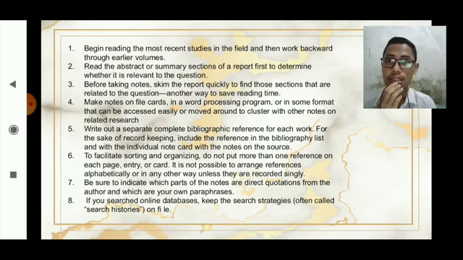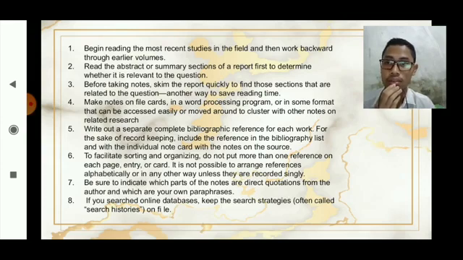Number 7 is be sure to indicate which parts of your notes are direct quotations from the author and which are your own paraphrase.